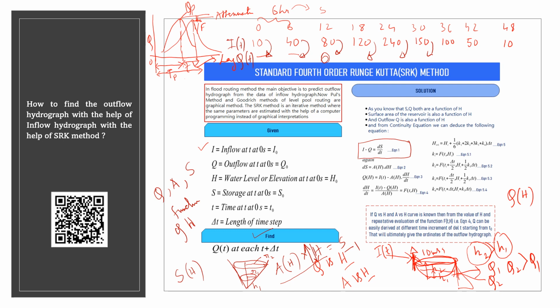And so if you subtract the change in storage from this inflow, you will find the outflow. How it is coming, I'm not going too deep, but let me just give you an idea.